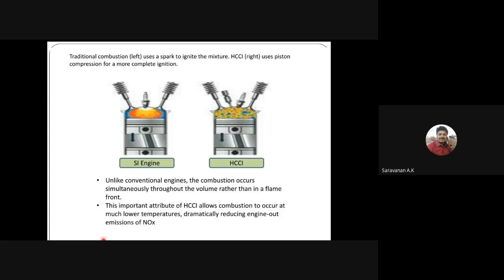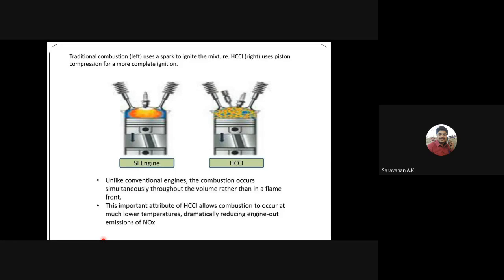So in modern technologies like HCCI engines, there is low emission of NOx and particulate matter. But this type of engine has high emission of hydrocarbon, carbon monoxide, and carbon dioxide, which is easy to control.